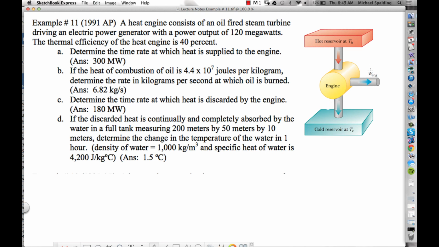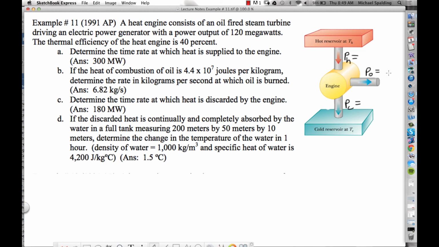So I'm going to take that away. We're talking in terms of power. So this is going to be power from the hot, PH, power from the hot. This will be power output of the engine, and then this will be power to the cold.